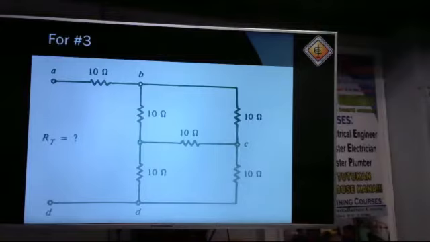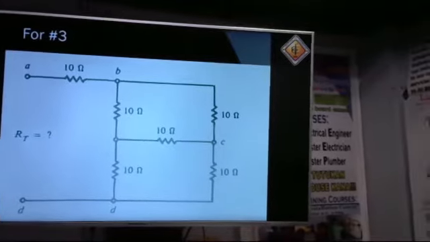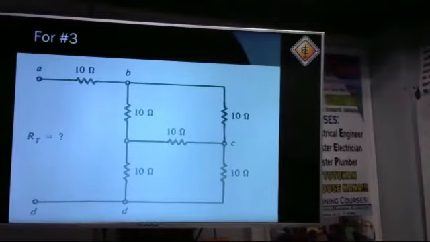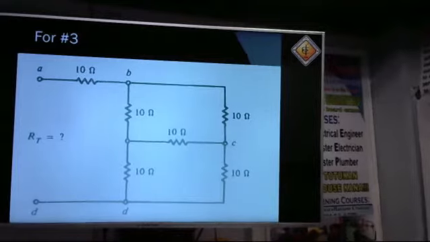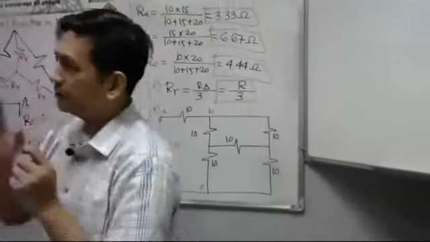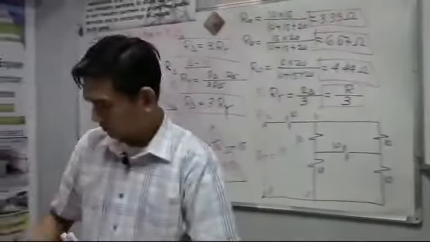The question is our R total. This is our R total. What is the resistance? So this is our terminal A, this is B, this should be C, and this should be D. All the values of resistors are 10 ohms.